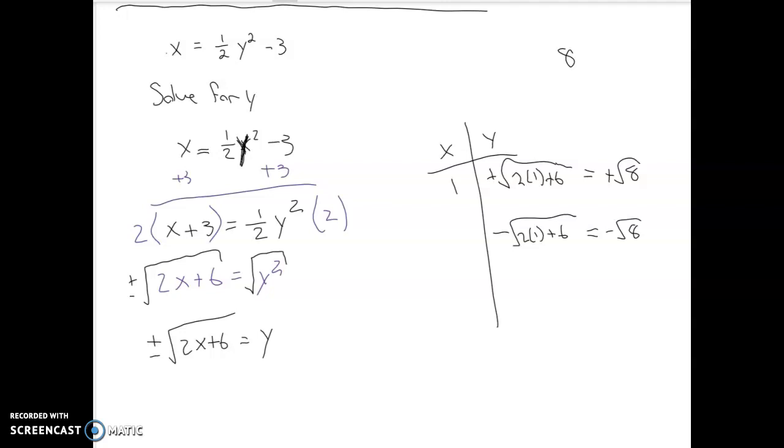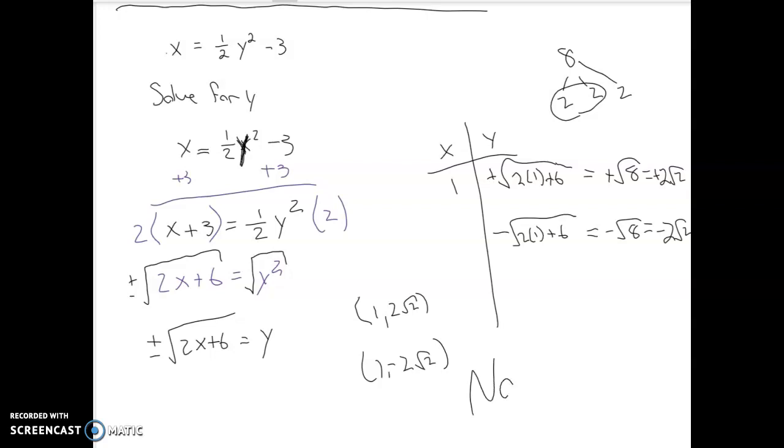We know that 8 is 2 times 2 times 2, so that's plus 2 root 2 or minus 2 root 2. So this equation has the points (1, 2 root 2) and (1, -2 root 2) on its graph. That is one input having 2 outputs. So this would be not a function.